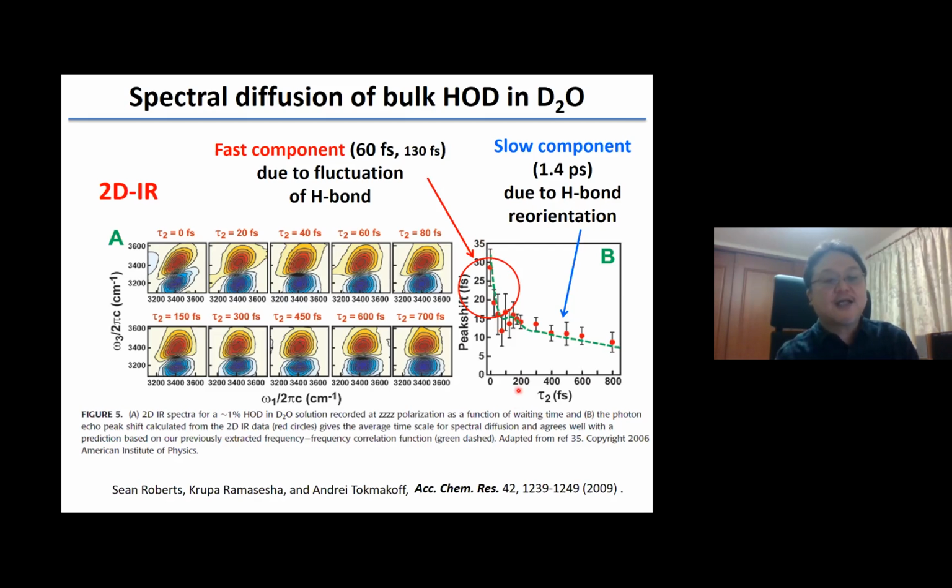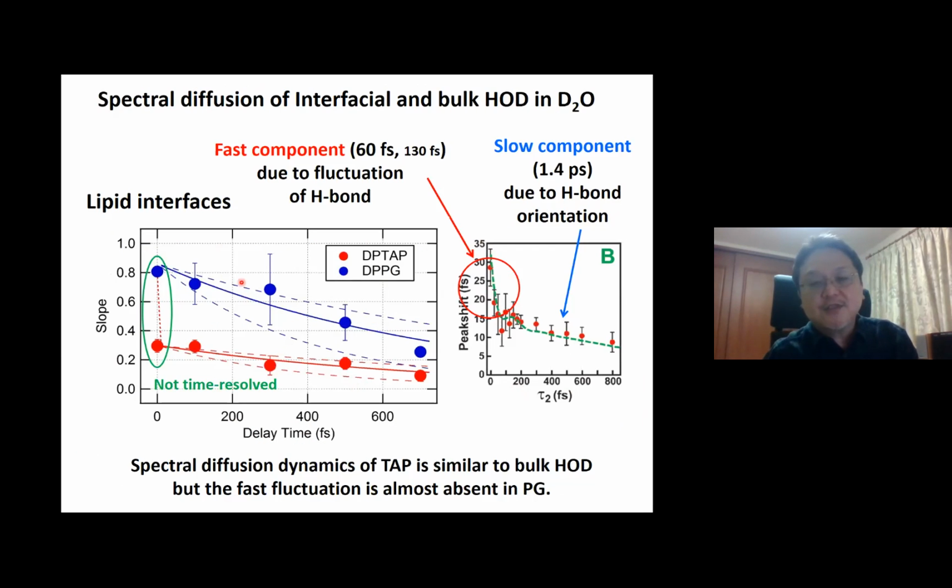There is a very fast decay on a time scale of 60 femtoseconds due to the fast fluctuation, followed by a slow decay of 1.4 picoseconds, due to the hydrogen bond reorientation. And fortunately, our time resolution is not so high. It's about 200 femtoseconds, so we cannot catch this fast component.